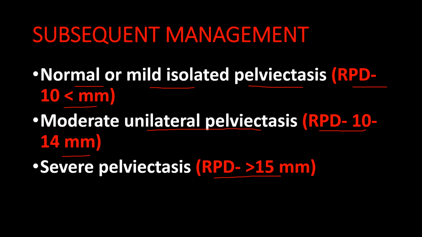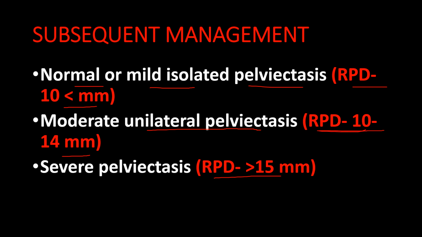It means until the child is out of nappies, until the child is continent, you have to give prophylaxis for the UTI, as they might have the VUR. Okay, so you will arrange the MAG3 scan, and you will refer the child to the pediatric urologist. So this is the subsequent management of unilateral pelvic ectasis if RPD is more than 14 mm.